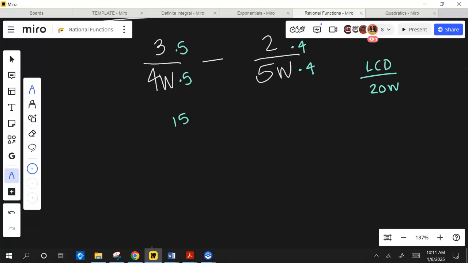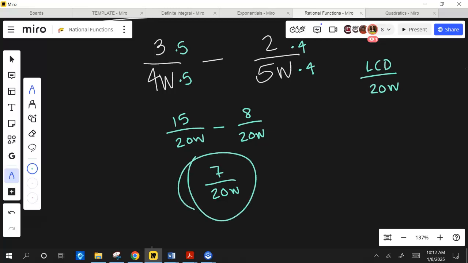So I get 15 over 20W minus 8 over 20W, and then I would look to see if I could simplify, right? Which I can't, so I stop. So that's pretty easy when it looks like that.